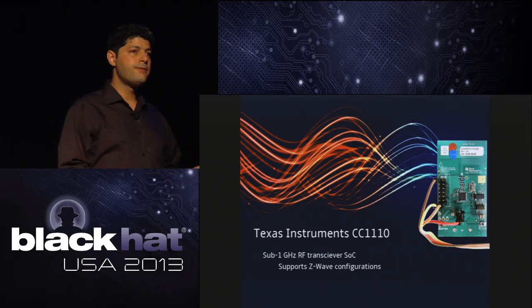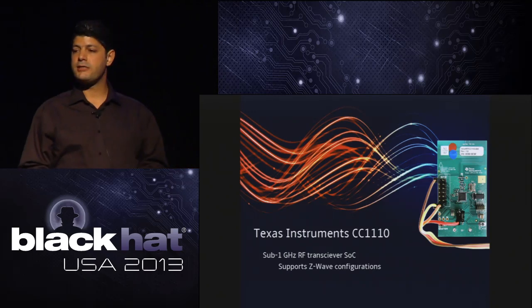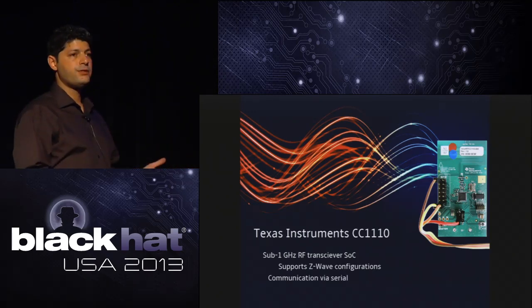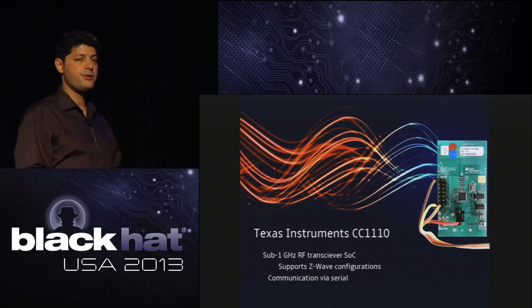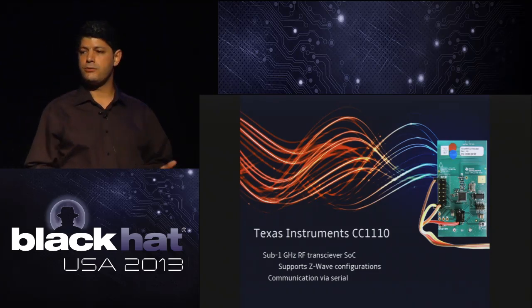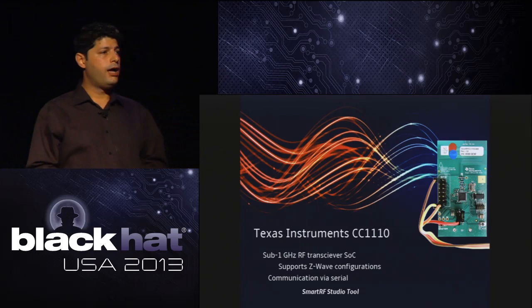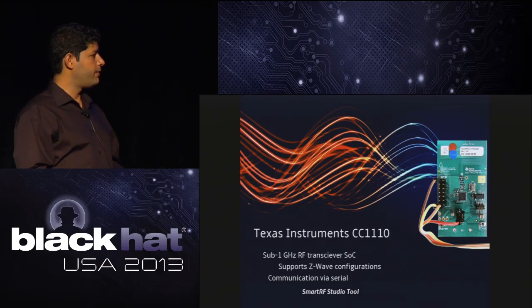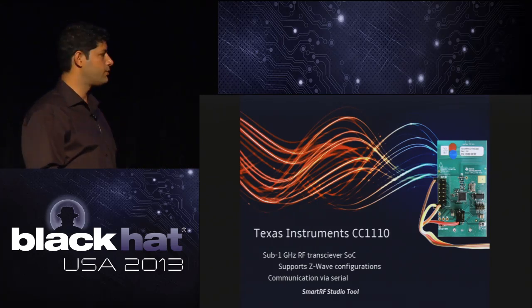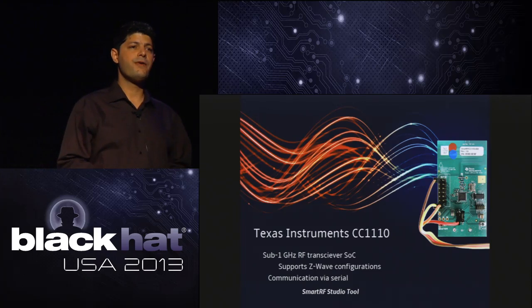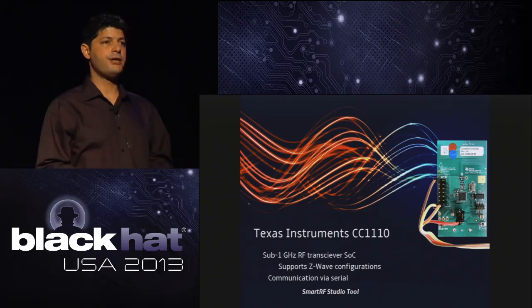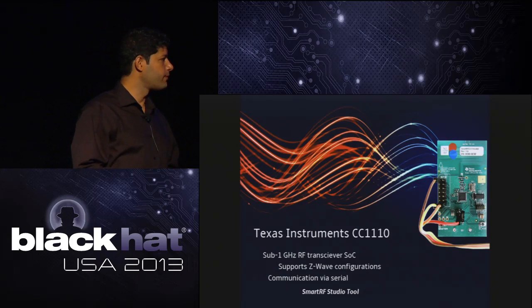It supports the Z-Wave configurations that we saw on the previous slide, and it can communicate with a laptop or PC using serial communication, which makes it nice and easy to develop a tool for. Best of all, it comes with a free tool from Texas Instruments called SmartRF Studio, which is a very powerful tool, and it was very helpful in the initial stages of this research.